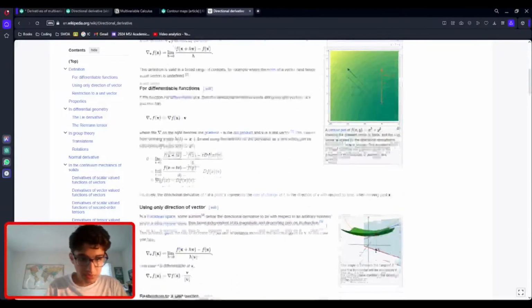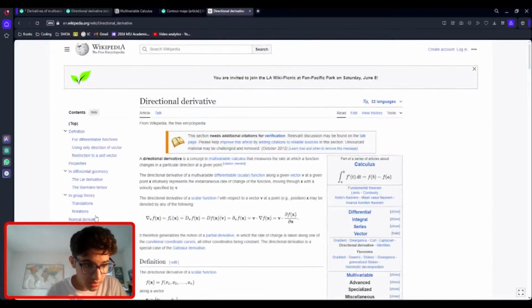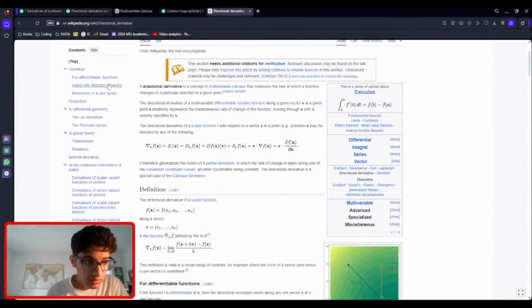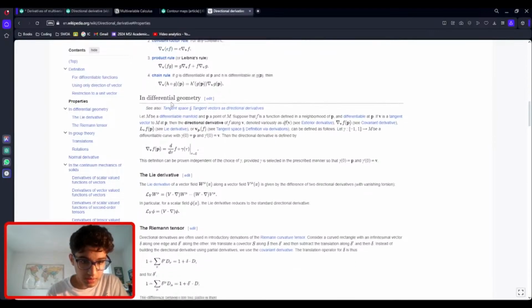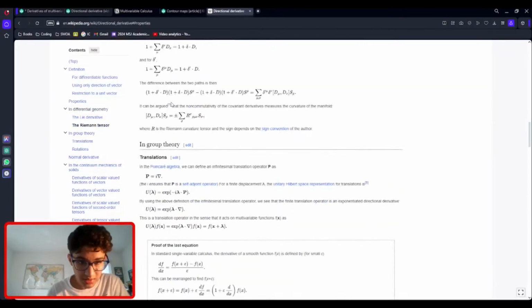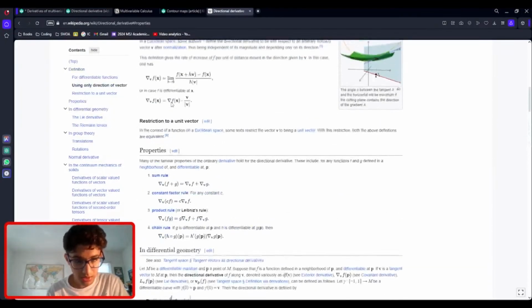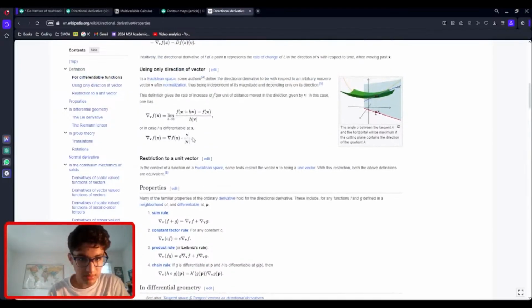Okay, maybe they have a section about it, right? Normal derivative, definition, properties. Okay, we'll get to all this other stuff later. It doesn't matter right now. Oh god, there are tensors and stuff. Not that I know what any of that stuff is, but I'm just saying that doesn't sound easy. How do you copy paste this now? Is that not possible?